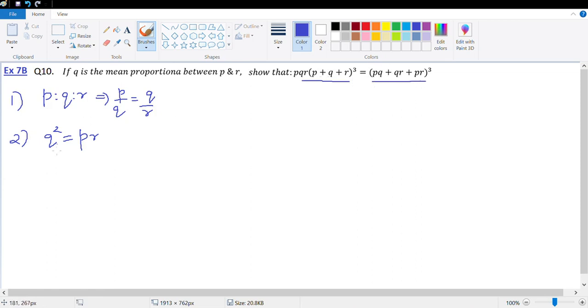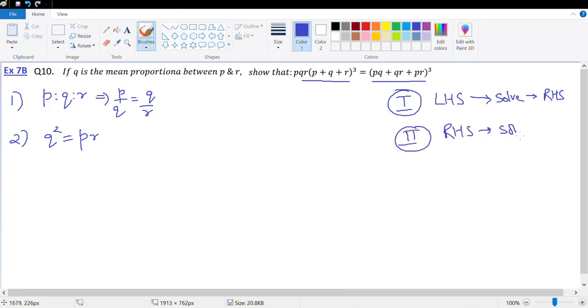Again, let me remind you, three approved methods of solving left hand side is equal to right hand side. First one, work with left hand side, solve it and make it equal to right hand side. Method 2, which is approved, is work with right hand side, solve it and make it equal to left hand side. Method 3 is work with left hand side, solve it and make it equal to, let's say, a number x.